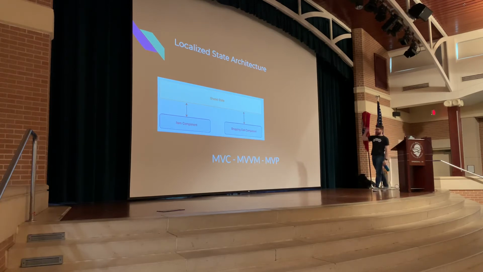So to describe this, I have a couple of diagrams here. A localized state is basically if you have separate components that need to talk to each other, you don't want to directly couple them. So you create a shared service or a shared state or something for them to update that the other can read from and update in turn. So it's like a two-way communication.